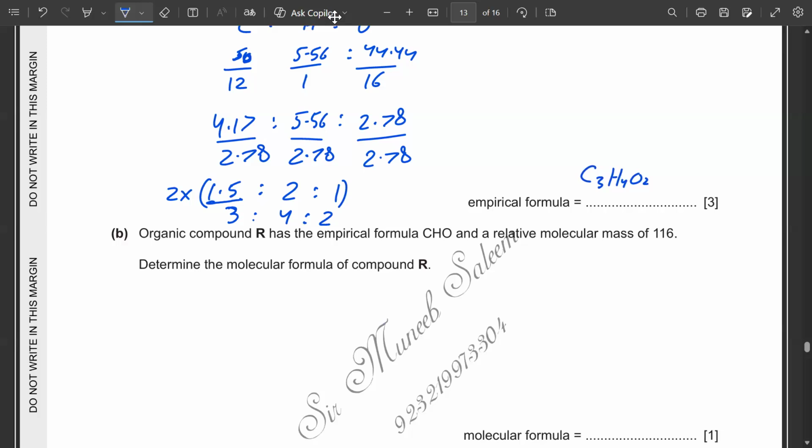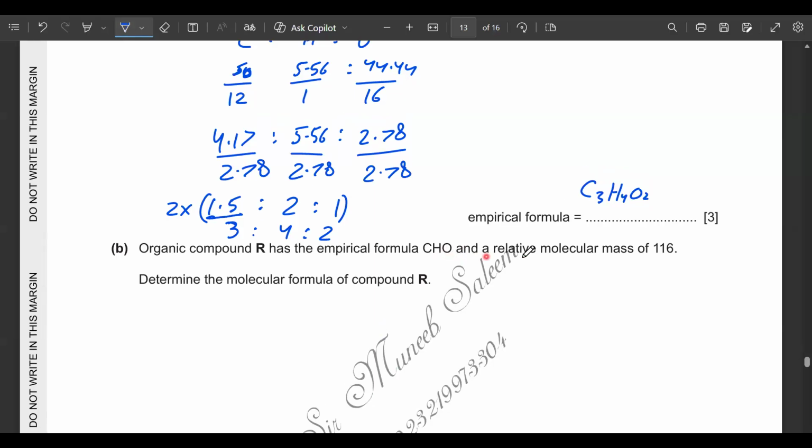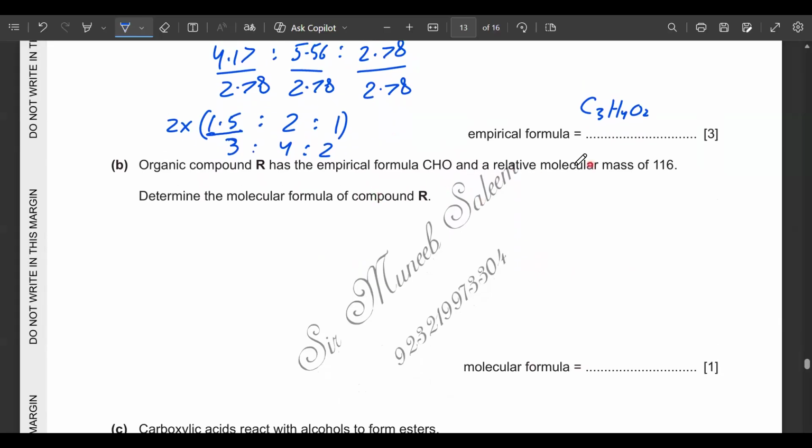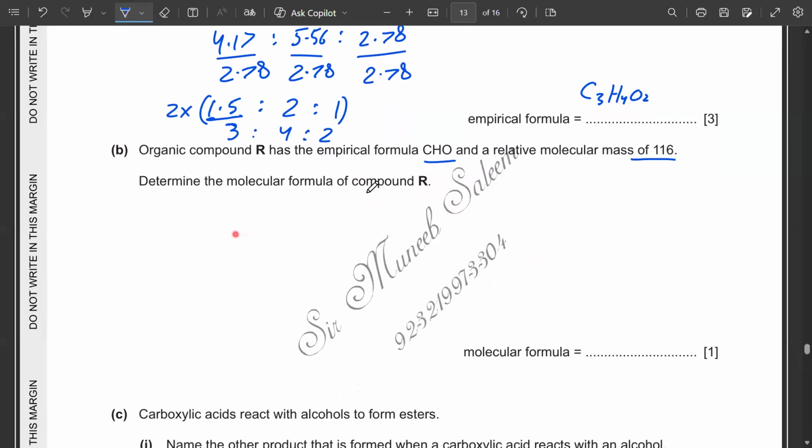Then part B, organic compound R has the empirical formula CHO and a relative molecular mass of 116. Determine the molecular formula of compound R. So here the empirical formula is already given, CHO, and the molecular mass is also given. We need to find the molecular formula. So if we remember, the value n is equivalent to molecular mass divided by empirical formula mass.